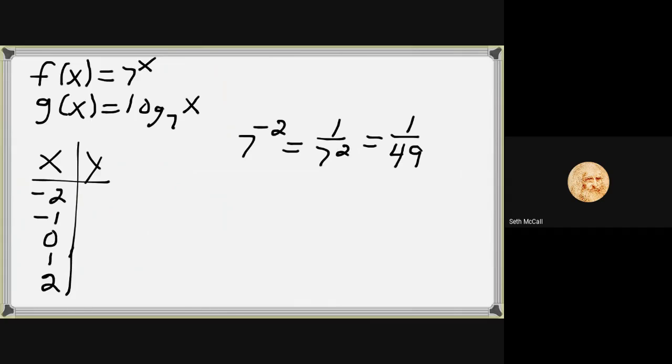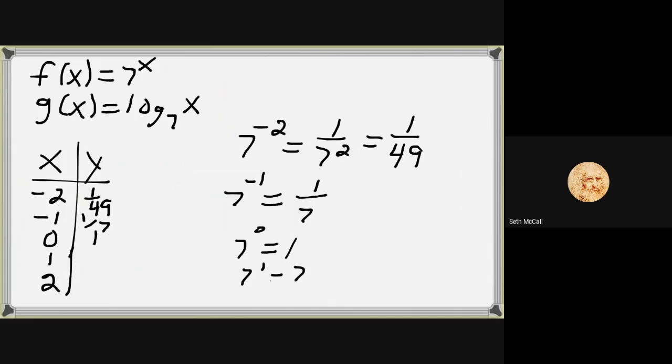The next one, 7 to the -1, is 1 over 7 to the first power. So this becomes 1/7. 7 to the 0 power is 1. 7 to the first is 7. And 7 to the second is 49.